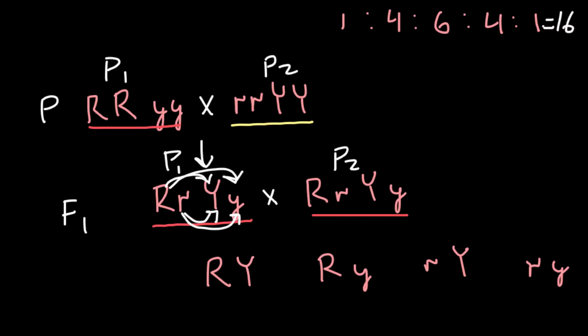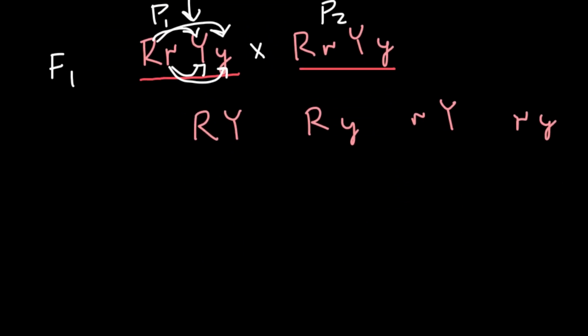And this is going to be, say, the male pollen, and the gametes of the female plant would be on the side, and the gametes would be the same, because the genotype is the same. So the female gametes would be capital R capital Y, capital R small y, small r capital Y, and small r small y.